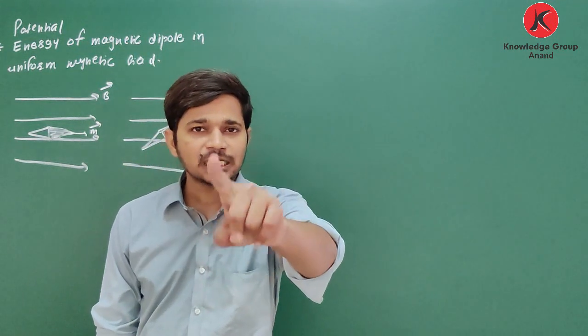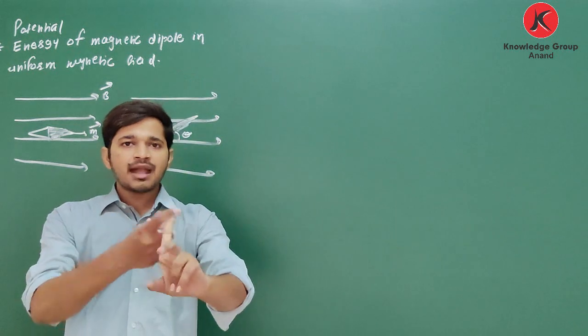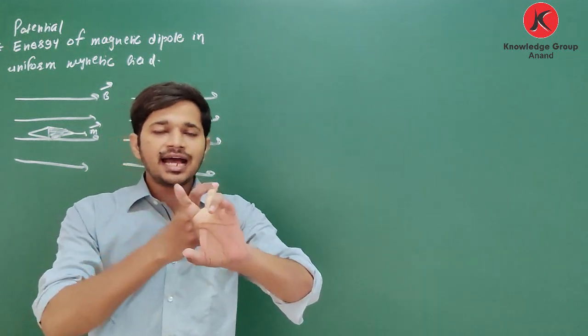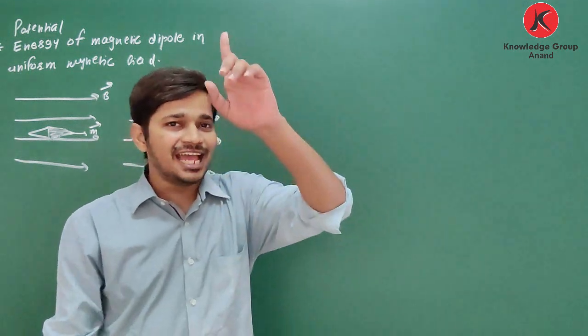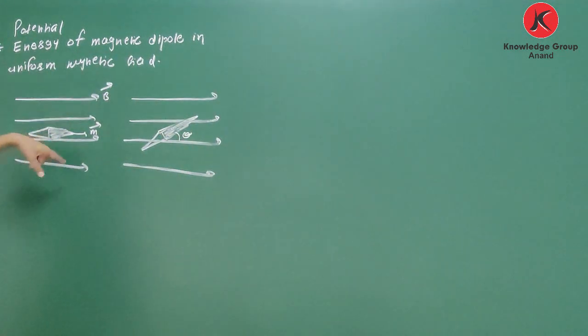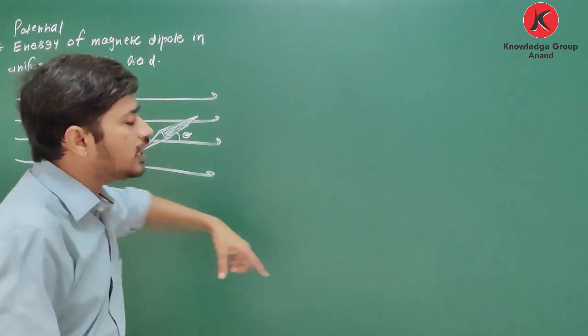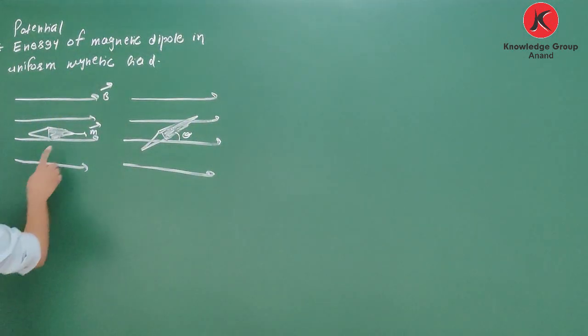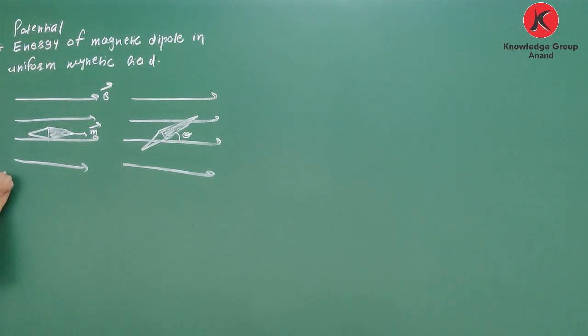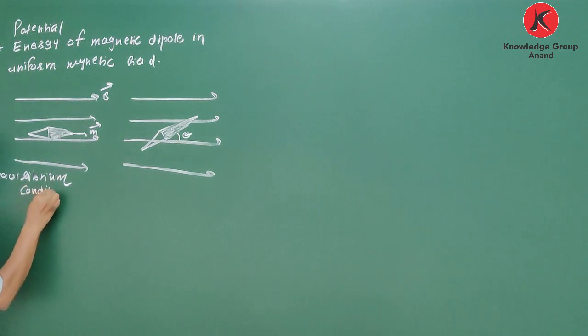Yes, you know the concept of potential energy: gravitational potential energy, elastic potential energy, electrostatic potential energy. Here it is the potential energy of a magnetic dipole in a uniform magnetic field. When the dipole is placed like this, it is in equilibrium condition. So see how to write.